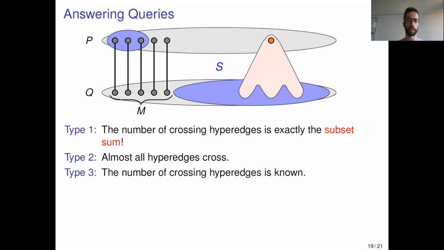And what about type 3 hyperedges? So this is the most interesting case. Actually, we don't know how many type 3 hyperedges will cross the cut. This is entirely dependent on the specific construction of the Ruzsa-Szemerédi graph. However, what we do know is that this is a predictable quantity. Unlike type 1 and type 2 hyperedges, type 3 hyperedges are defined entirely independently of the query, right? Both the hyperedge itself and whether or not it crosses the cut are defined in a way that is independent from the query.